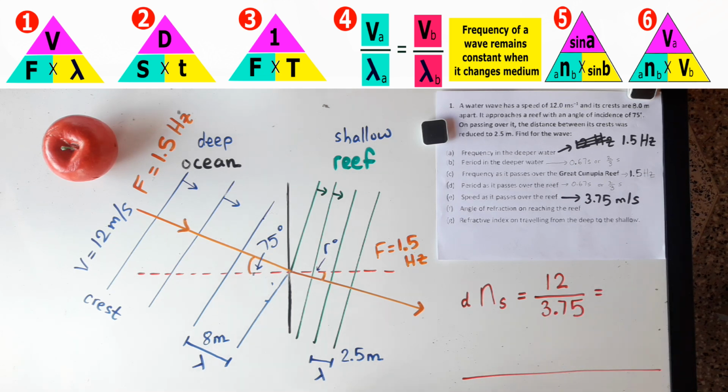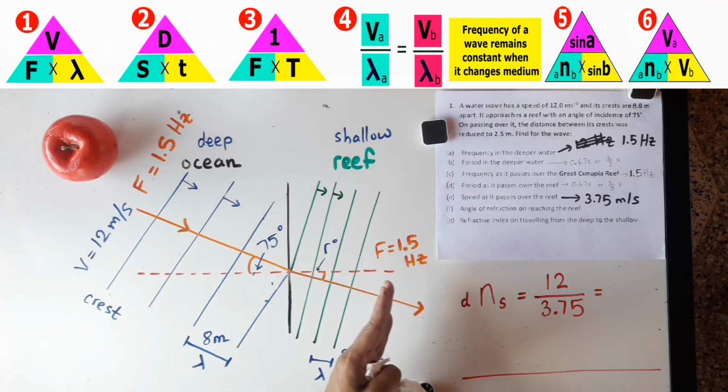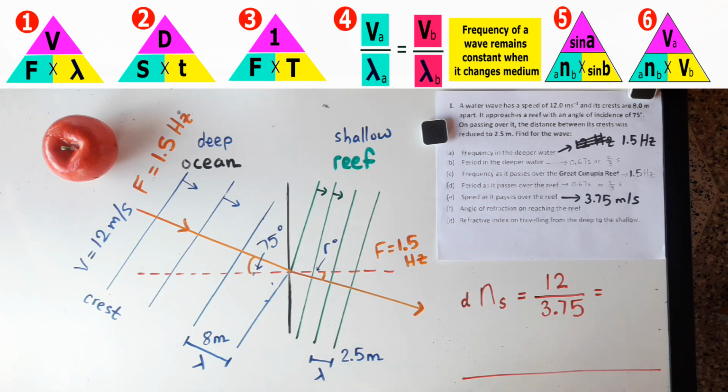So that would give us the refractive index from deep to shallow, or from the ocean to the reef. So 12 divided by 3.75 gives us a value of 3.2. So we know the refractive index from deep to shallow.